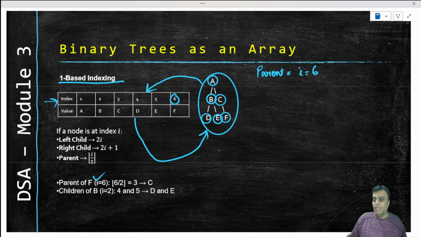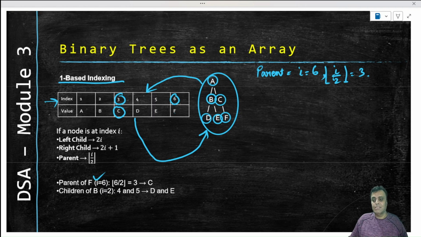I'll take a formula which is I by 2 and take a floor of that. So if I take I by 2 and take a floor of it, what do we get? We'll get 3. So 3 is the parent. Let us see if 3 is the parent of F. So we are at F. F's parent is C, and at 3 we also have C. So that's right.